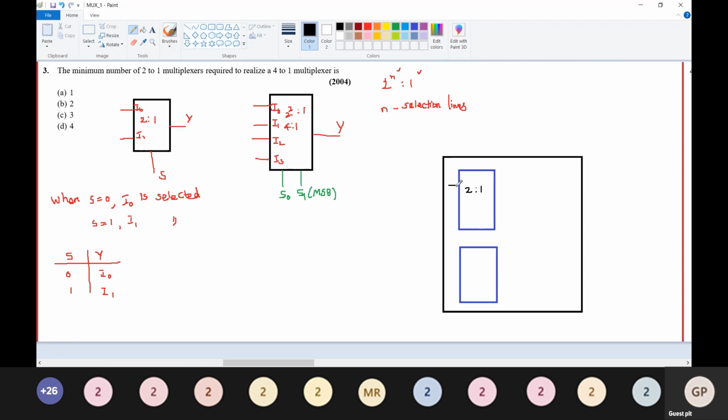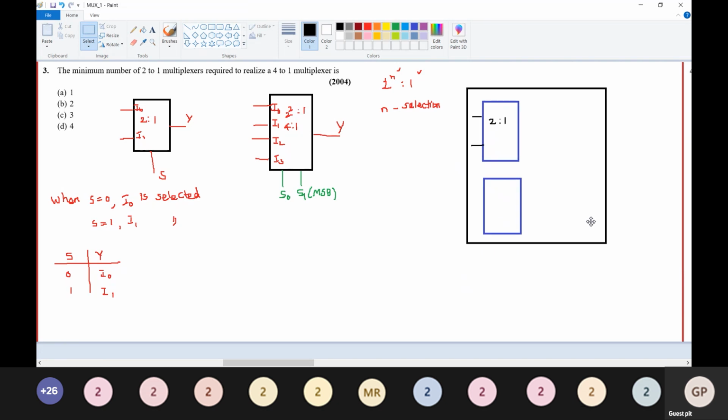It has two inputs, one output, and one selection line. Similarly, here I'm taking another 2:1 mux. Again, it has two inputs and one selection line. I'll put it here, with one selection line and one output.